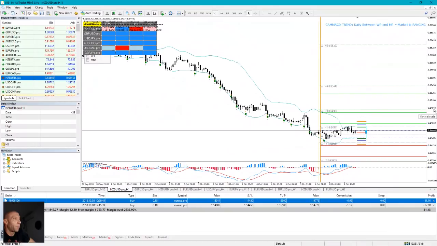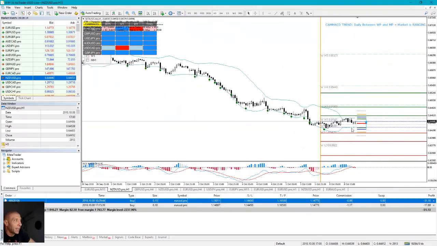It needs to drop below weekly L3. This is a range. When price, guys, is in between H1 and L1, it means it's ranging. This is the best indicator for ranging markets, guys. You don't need anything except Camarilla. The price is between H1 and L1, it's ranging. So New Zealand dollar, not clear, totally not clear.